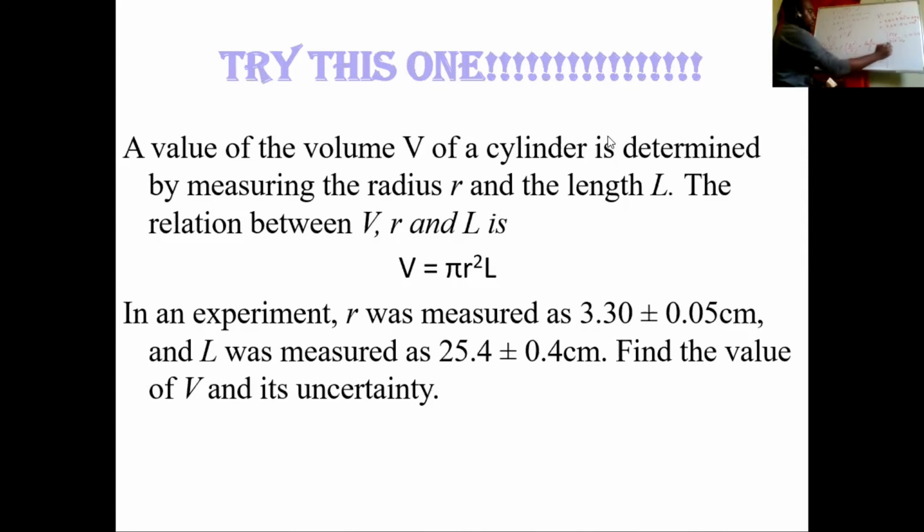Therefore the uncertainty in V would be to multiply these two, and we get 43.43 centimeters.